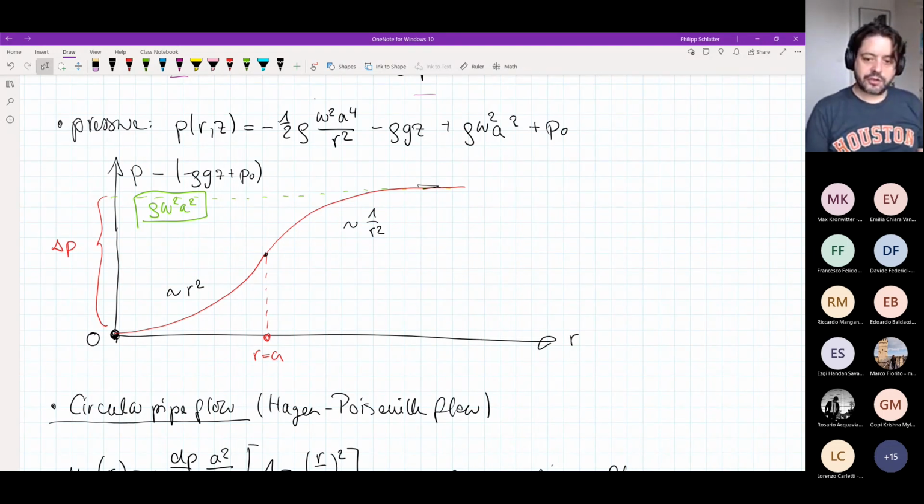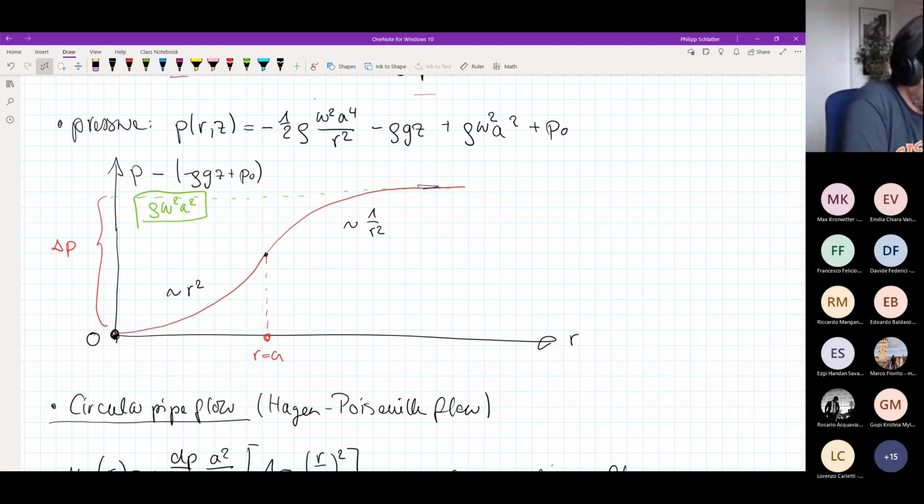So it has nothing to do with vorticity or Bernoulli or anything. It is actually related to the centrifugal forces that arise when you have swirling motion. So that's why you have the lowest pressure in the center and increasing pressure outside.